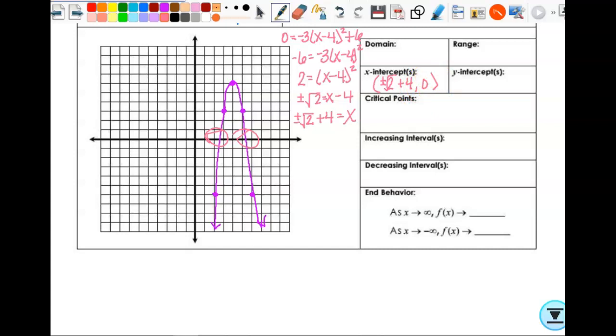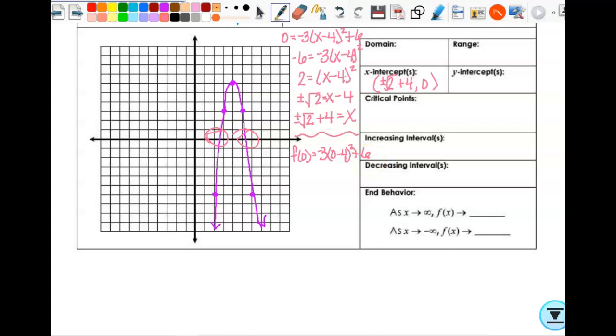Okay. Am I going to have a y-intercept? Yes, it's going to be negative, and it's going to be a pretty small negative number. So y-intercept is when x is 0. So I'm looking for f of 0. That's equal to negative 3 times 0 minus 4 squared plus 6.